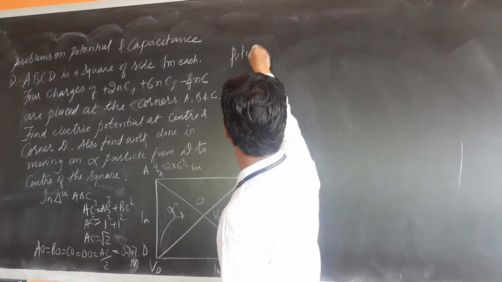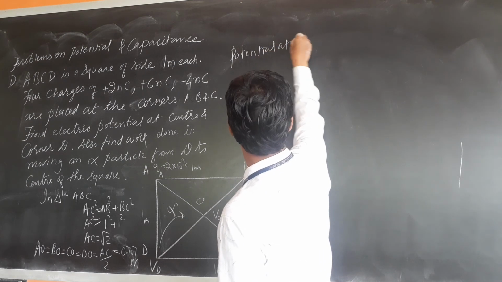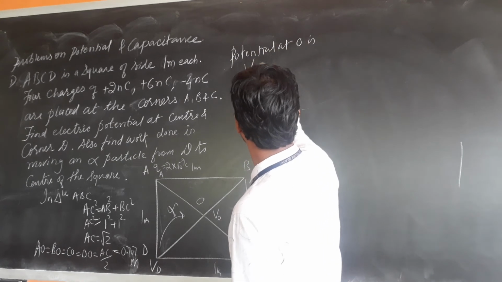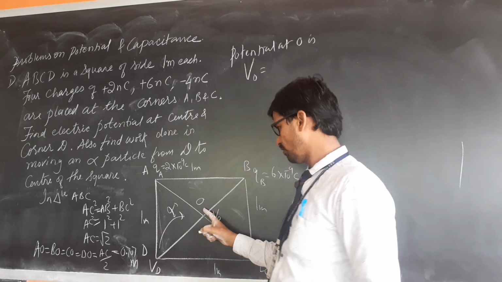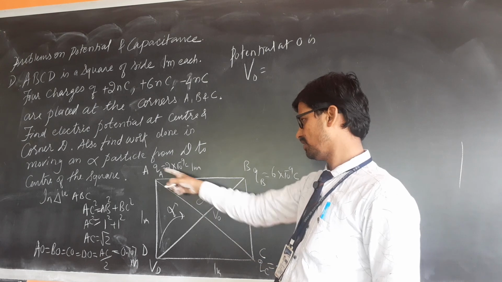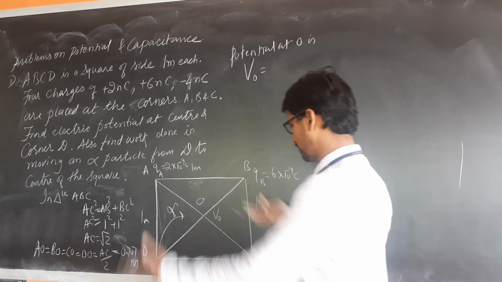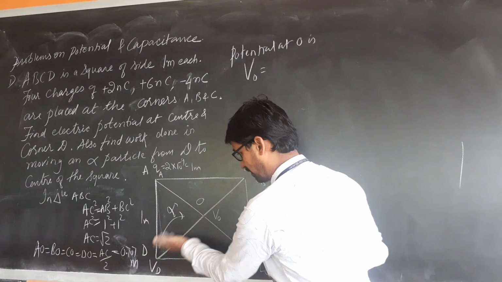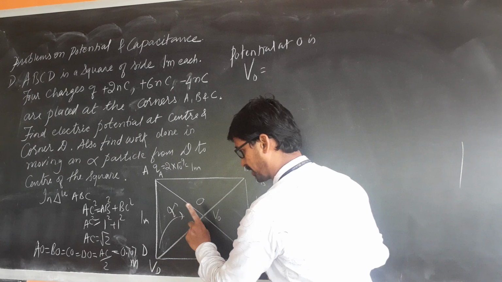The potential at O is VO. At O, how many potentials will be produced? QA, QB and QC all will produce potential there, but not the alpha particle, which is being moved and displaced, so you don't take it.